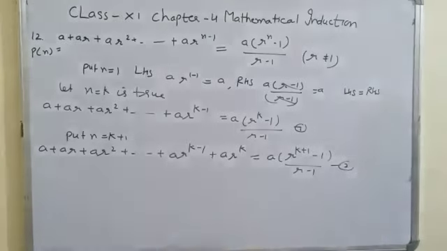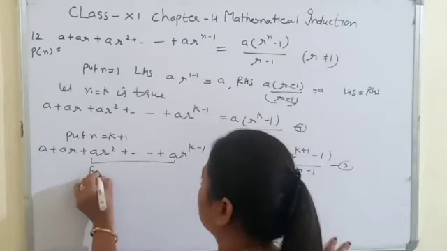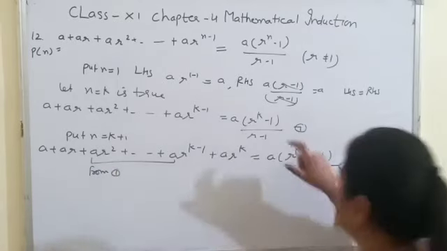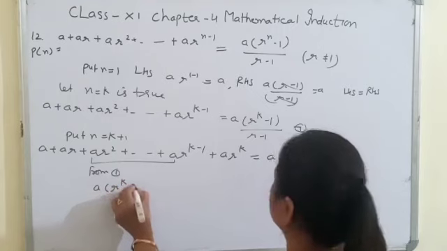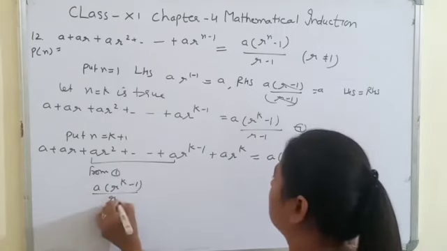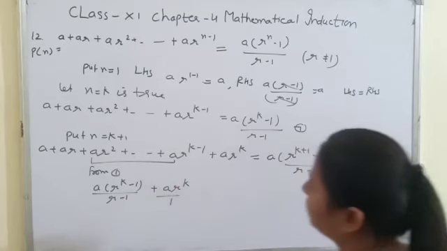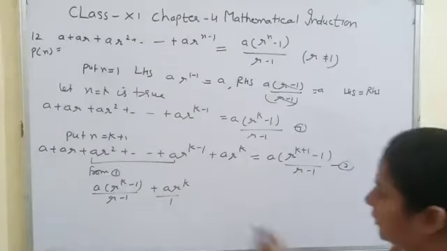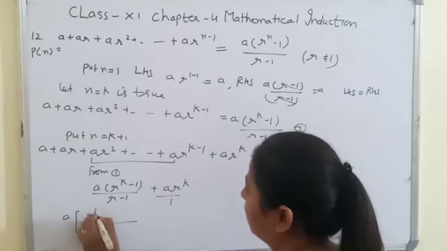This is second. So from 1 we can write a into r power k minus 1 upon r minus 1 plus a r to the k. Take the LCM. We can take a common here and the rest are the values r power k minus 1.